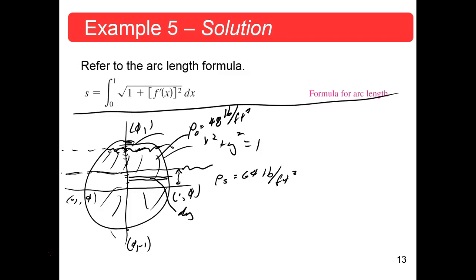I think we want to get everything in terms of y. And then the length of that would be your x in terms of y. So x is equal to the square root of 1 minus y squared. So this value x here is equal to the square root of 1 minus y squared.